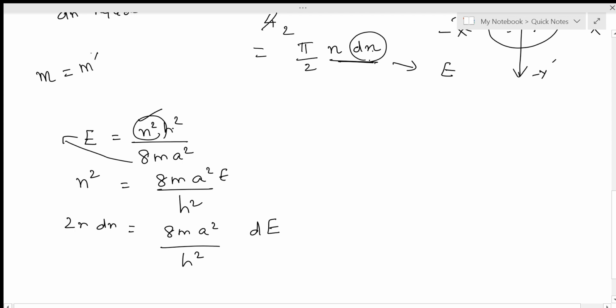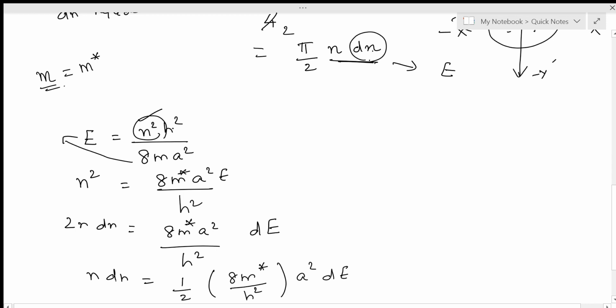When the electron is moving in a periodically changing potential, then the rest mass of the electron should be taken as the effective mass of the electron, and it is called m star. Therefore, we have n dn is equal to 1 by 2 times 8 m star by h square a square d.